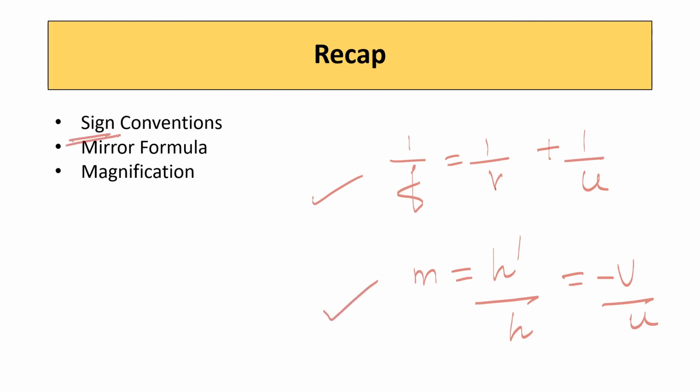Therefore, remember the sign conventions. For a mirror, you must consider the pole as the origin, and towards the right side the numbers must be positive, towards the left side the numbers must be negative, and above the principal axis it should be positive and below the principal axis it should be negative.